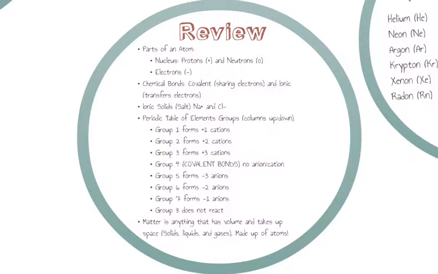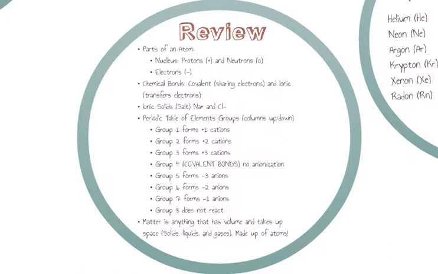Group 3 forms a +3 cation, whereas group 4, remember that's our carbon group, forms covalent bonds. It has no anion or cation. Group 5 forms a -3 anion, Group 6 forms a -2 anion, and Group 7 forms a -1 anion.